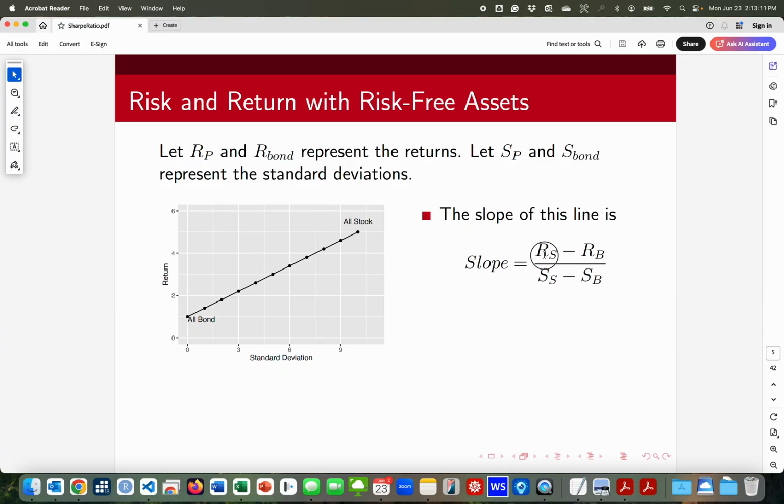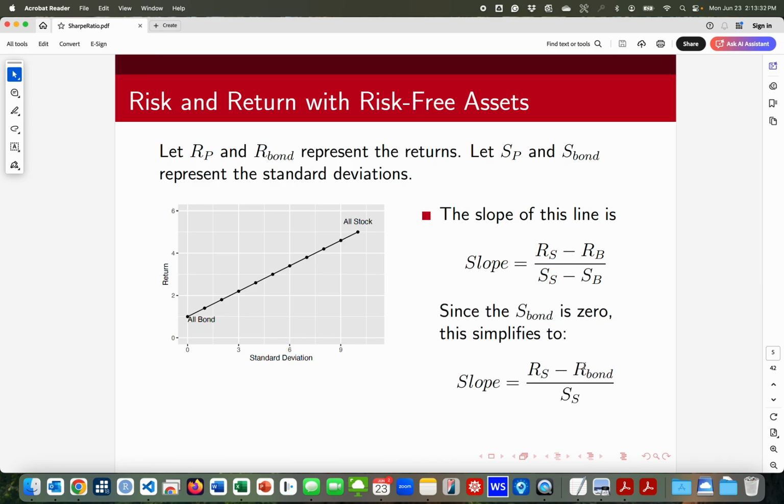So if you're thinking about RS minus RB, you could come up here to this point. Any point on this line would be some combination that you could have, but we're going to think about up here on the stock, and at this point here that's all stock, and then this point down here represents the bond.